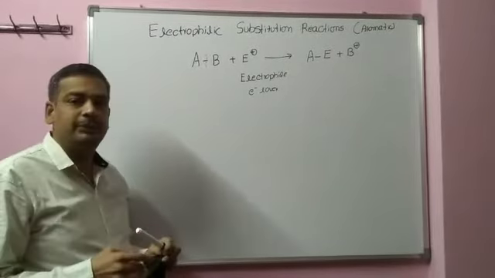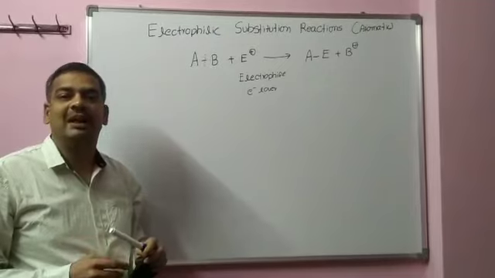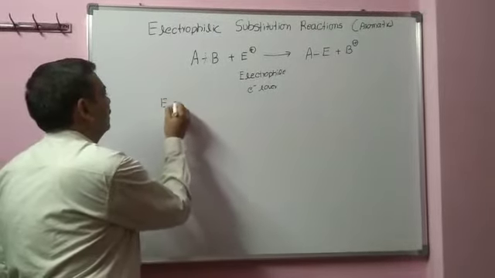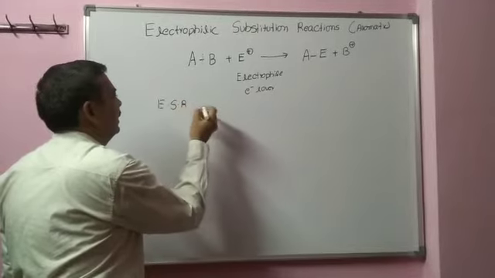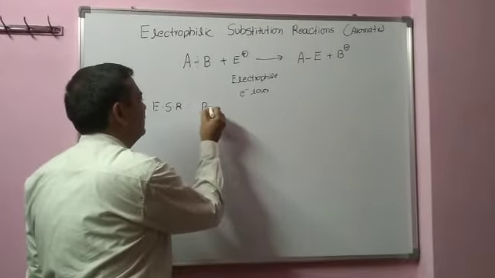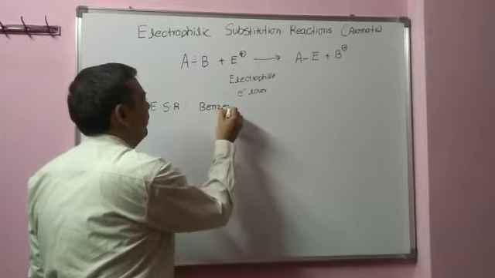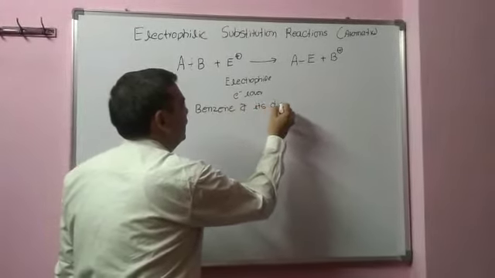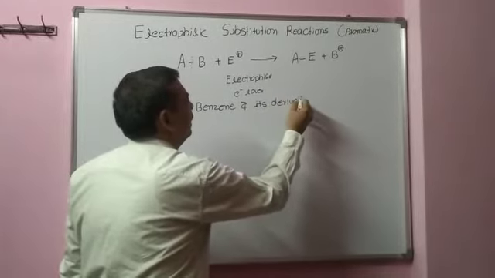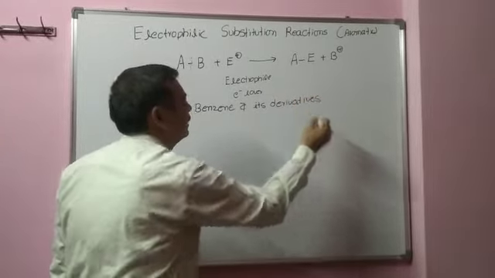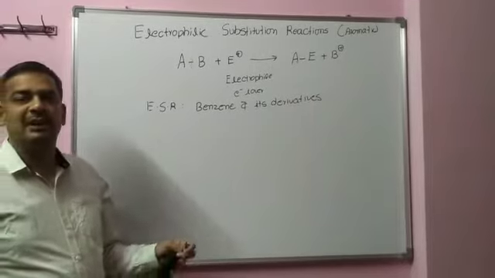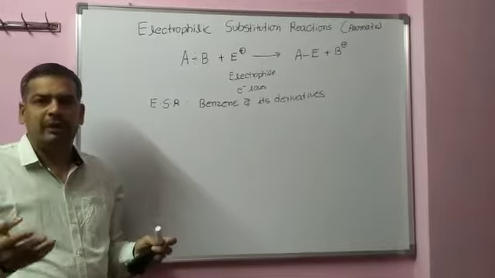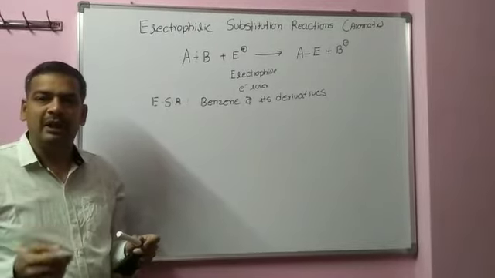These reactions generally take place on benzene and its derivatives. What are its derivatives? For example, phenol, toluene, nitrobenzene, aniline, etc.